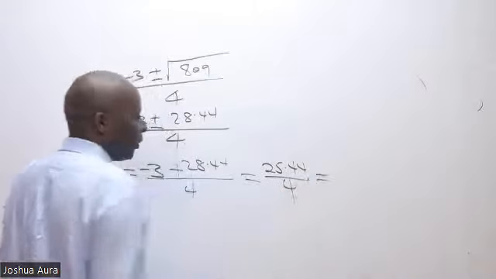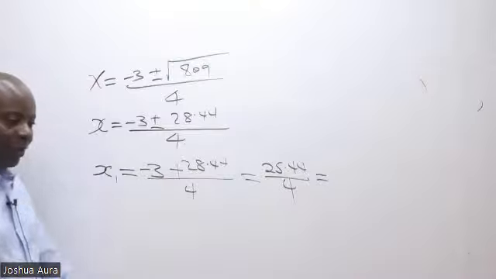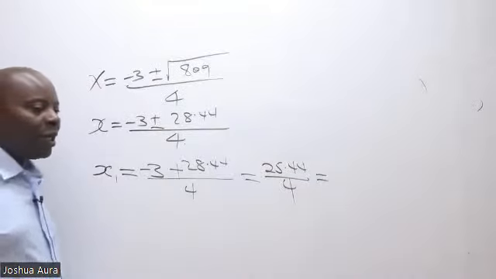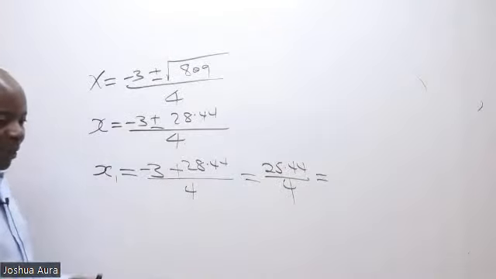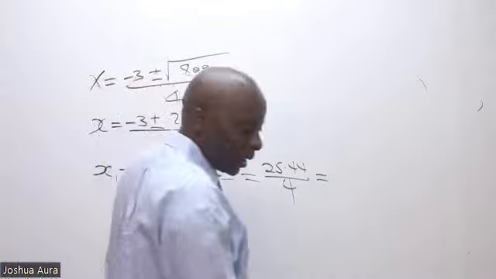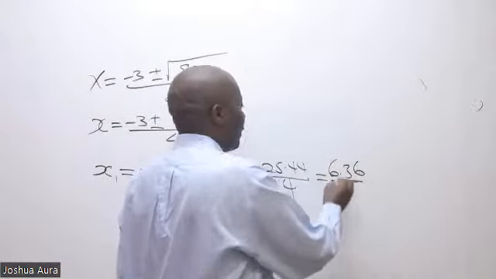So 25.44 all over 4 will give me what figure? They're telling me it is 6.36.